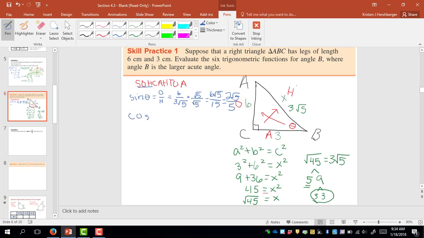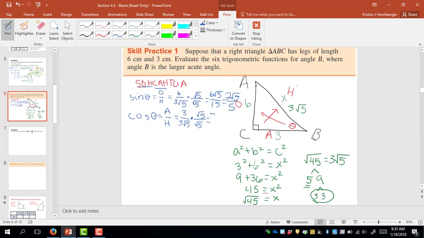Cosine of the angle is adjacent over hypotenuse. My adjacent is 3 over my hypotenuse is 3 square root of 5. So again, I have the square root in the denominator, so I can multiply by square root of 5 over square root of 5.